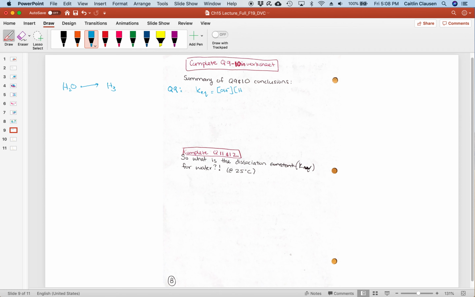So it's where water can actually protonate and deprotonate itself to give you this. So here water is both the solvent and the solute.